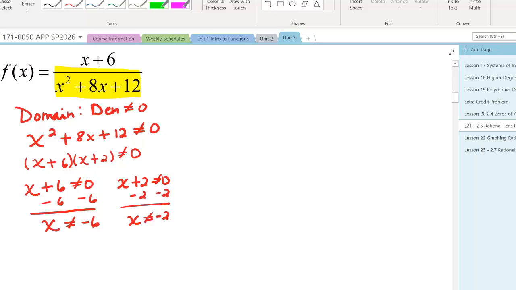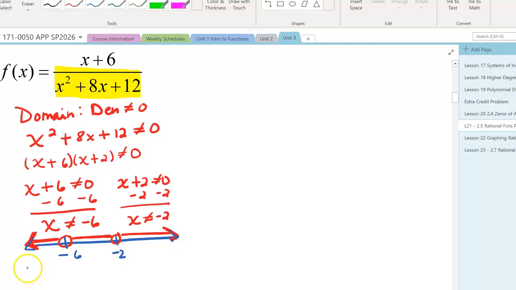So I'll need 3 intervals to describe this domain, because there are two numbers that x can't be, -6 and -2. If I put open circles at -6 and -2, x can be everything to the left of -6, everything in between -6 and -2, and everything to the right of -2.